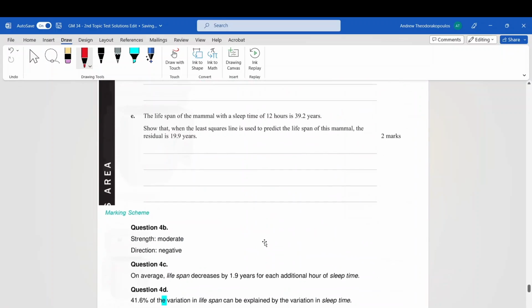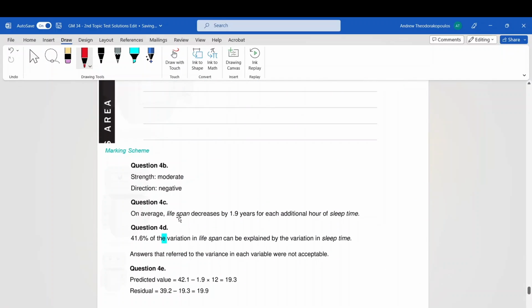That's what they've got down here: on average, lifespan decreases by 1.9 years for every additional hour of sleep time.